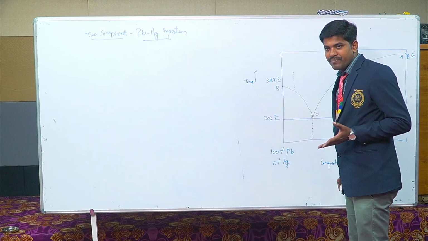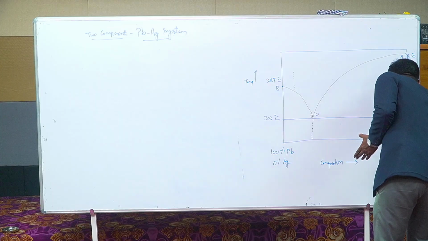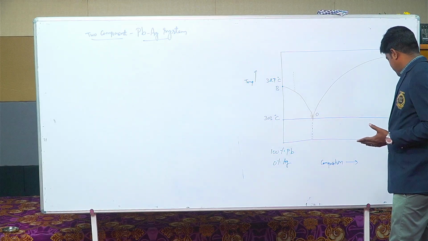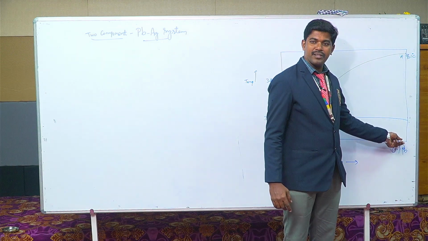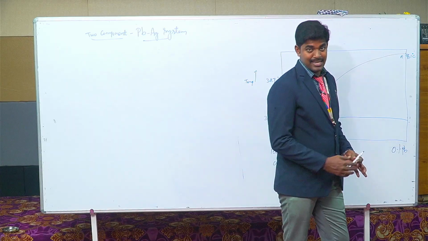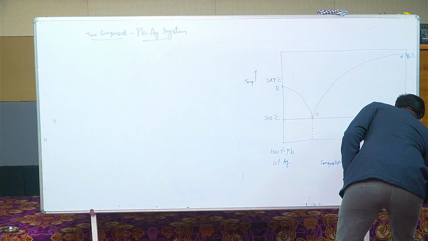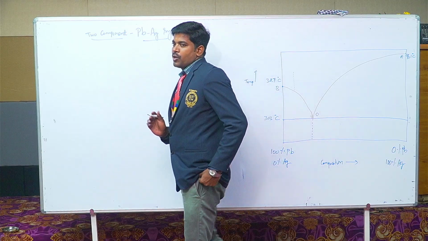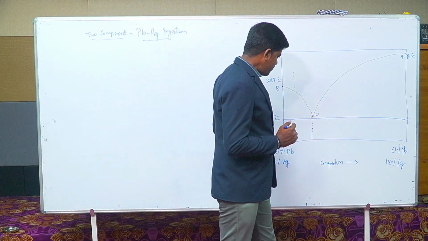At the final stage, at this point, the concentration of lead becomes 0 and the silver is 100%. So this is how the composition varies from here to there.